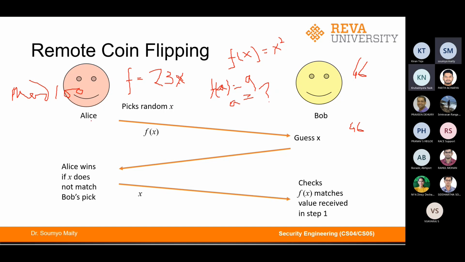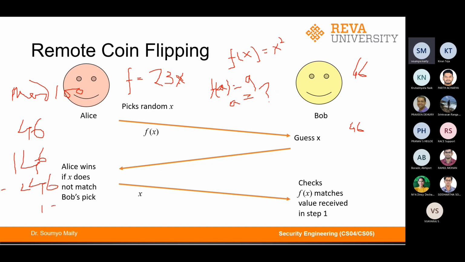Yes. I might have guessed 46. I might have guessed 146. I might have guessed 246. I might have guessed something like 1, 2, 3. Any number that has the last 2 digits as 46 will give me this output when I apply mod 100, is it not?